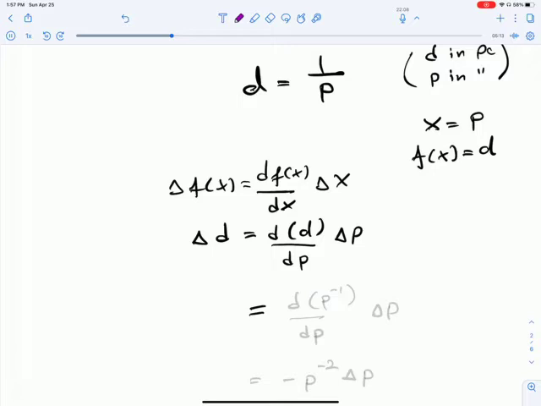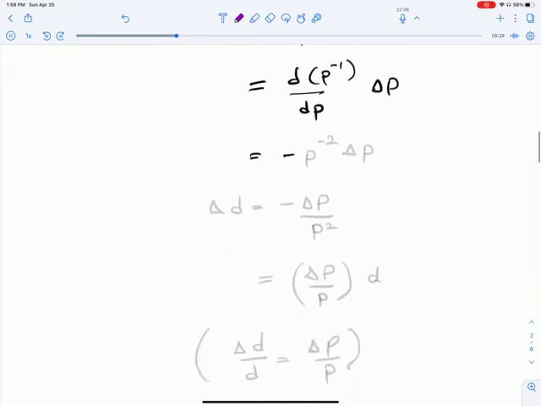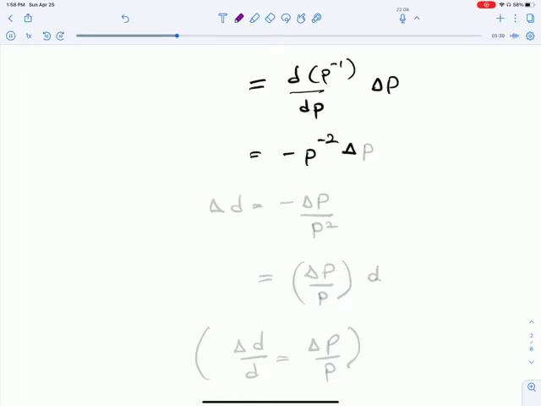Okay, so I'm just going to insert the function there. So d is equal to 1 over p. So this is the derivative of p to the minus 1 by dp times delta p, and that's equal to minus p to the minus 2 delta p.